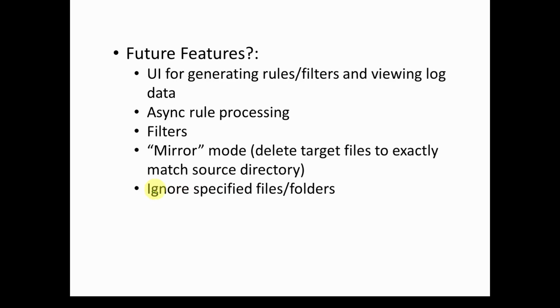So you can ignore specified files and folders. For example, if you have a rule where you want your D directory folders to be copied over, maybe you want to ignore some of the subfolders. So you can get really, really fancy. I don't need to do any of this stuff, but it's something to keep in mind. I just need a basic copy and update of my files and folders. I don't need to get into the fancy stuff.